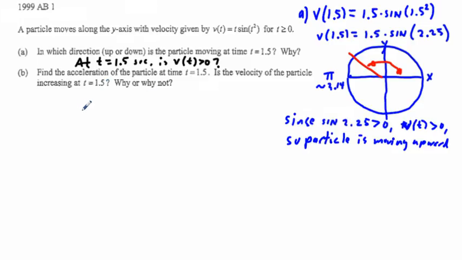Part B: find the acceleration of the particle at time t equals 1.5. Is the velocity of the particle increasing at t equals 1.5? Why or why not? So what I'll do is take advantage of the knowledge for part B. We have a of t is equal to v prime of t, and that's going to be the first derivative of our velocity.